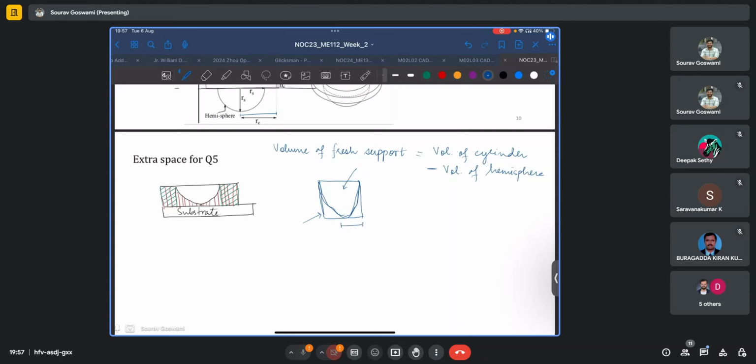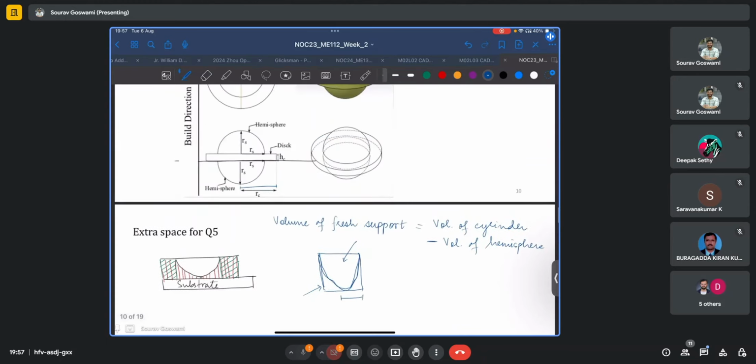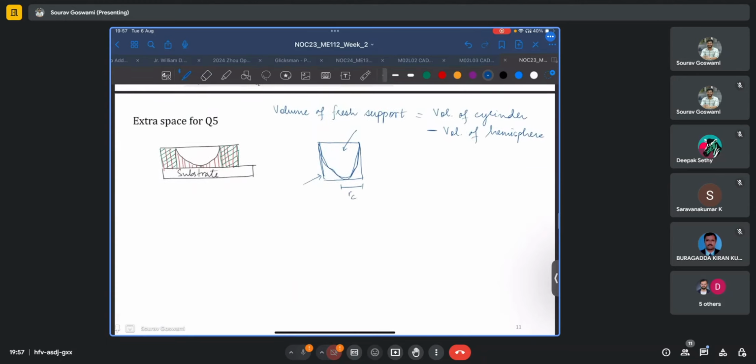So this half distance is RC. The height is also RC. Clearly they are not equal from my sketch, so this sketch is not to scale either.